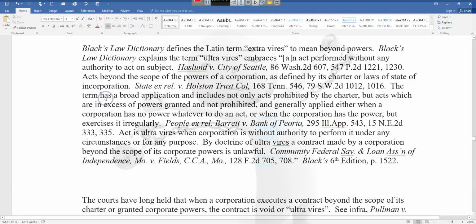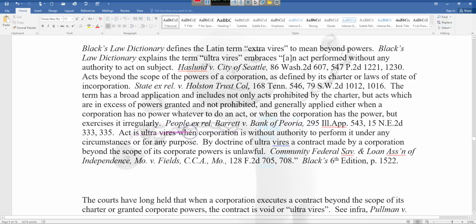The term has a broad application and includes not only the acts prohibited by the charter, but acts which are in excess of the powers granted and not prohibited by or generally applied, either when a corporation has no power whatsoever to do an act, or when the corporation has the power but exercises it irregularly.